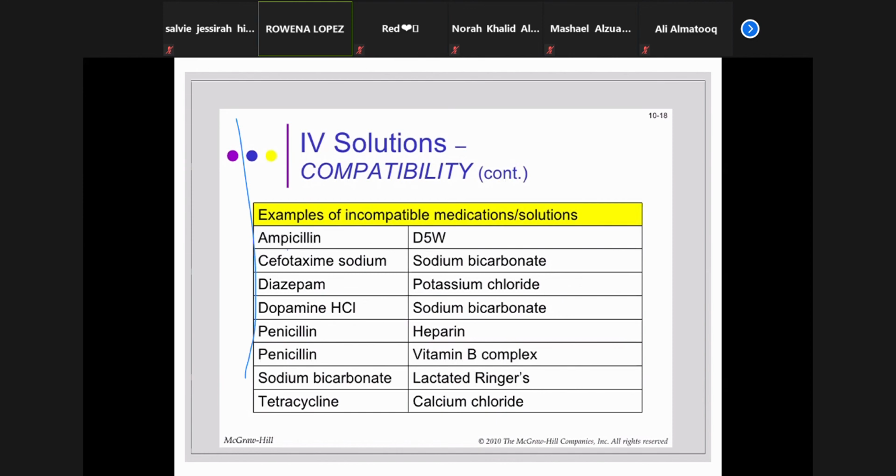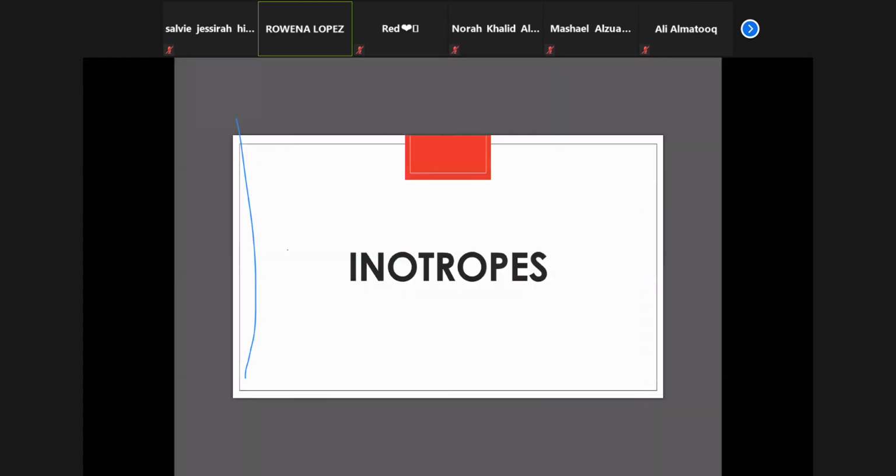Diazepam will not be administered with potassium chloride. Dopamine should not be with sodium bicarbonate. Penicillin to heparin, penicillin to vitamin B complex, sodium bicarb with LR, tetracycline with calcium chloride. Most of the effect will be crystallization, or whitish crystallization.